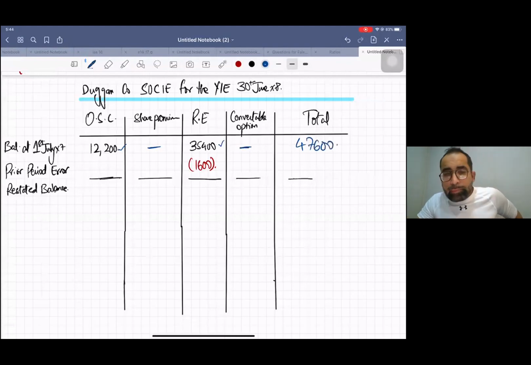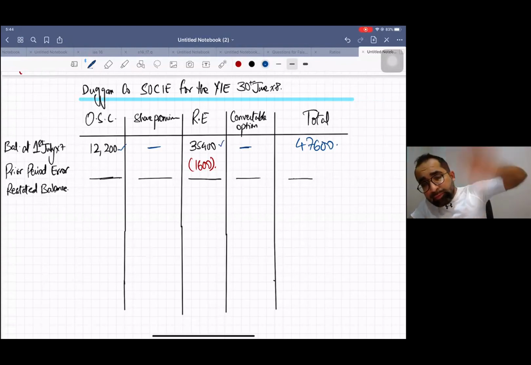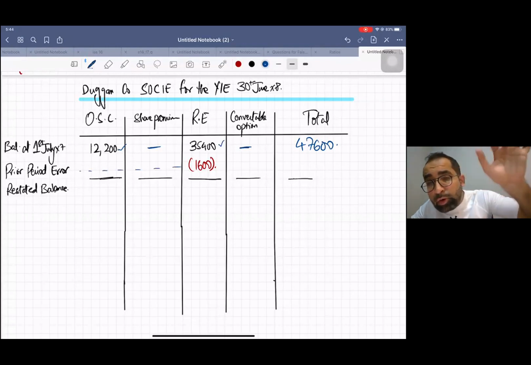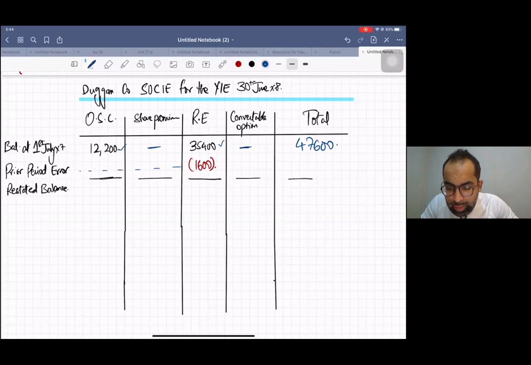Now, if you have made SOCHI in your life, whenever there is a prior period adjustment, first always solve this. So hope you remember there was a prior period error of 1600, that credit controller fraud, which reduced the retained earnings by 1600.